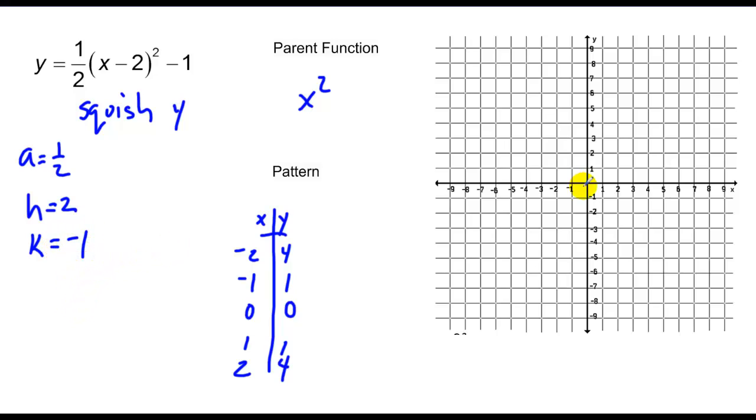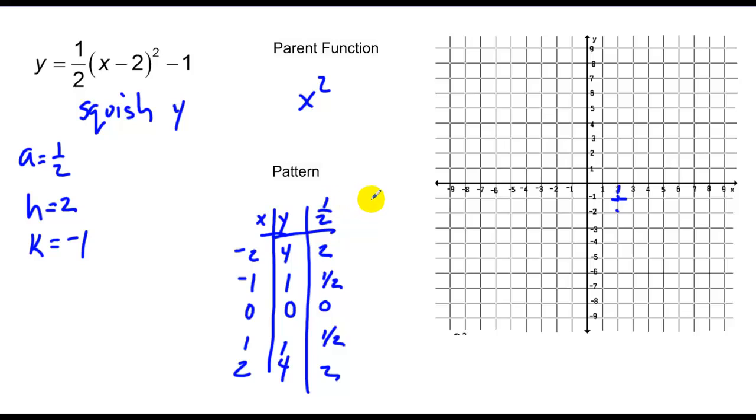So now, we know that it is squished by the y's. Y gets multiplied, since a is a y multiplier, by a positive 1/2, and thus I have 2, 1/2, 0, 1/2, 2. Right? I move over to 2. I move down 1.